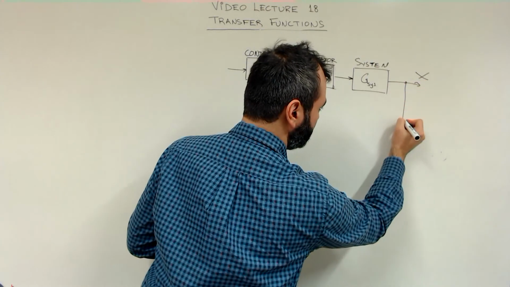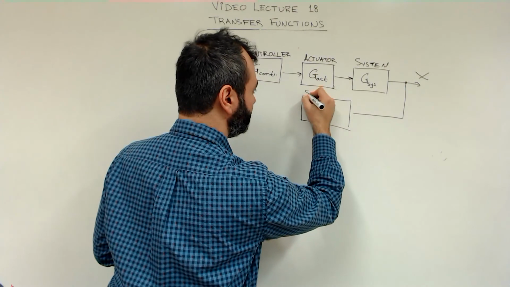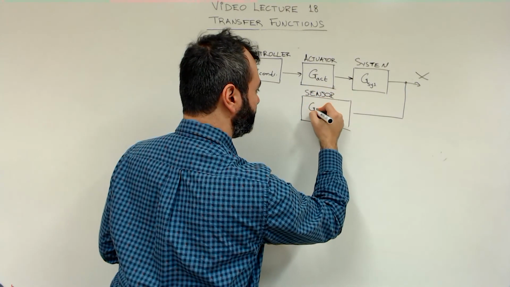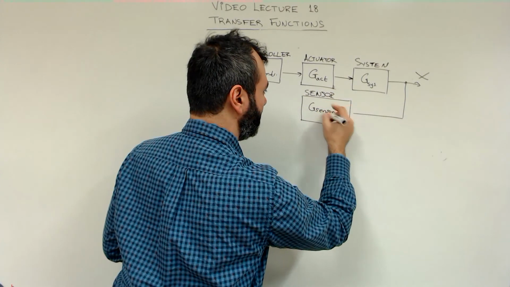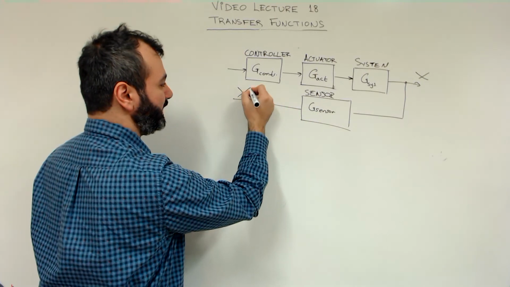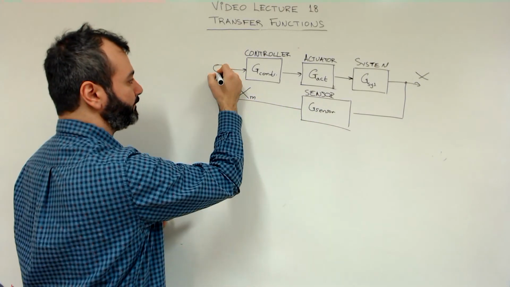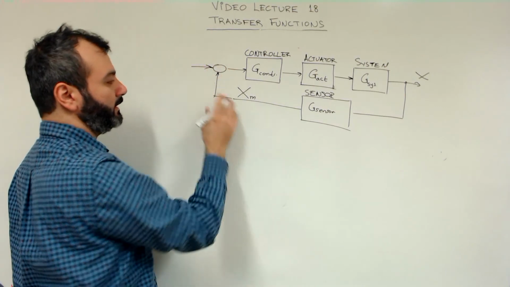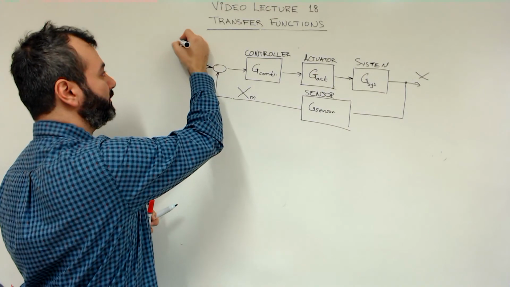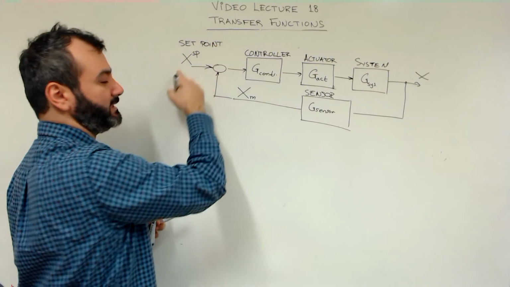The output of the system is measured using a sensor, with transfer function G sensor, and the measurement, let's call this x_m as in measurement, is subtracted from the desired value, which is called a set point.